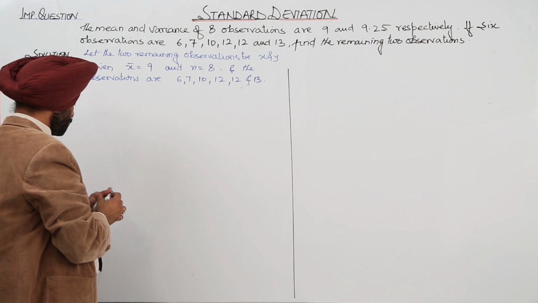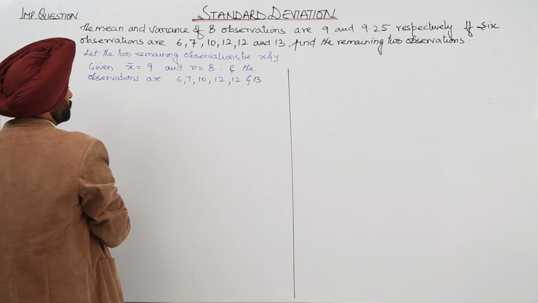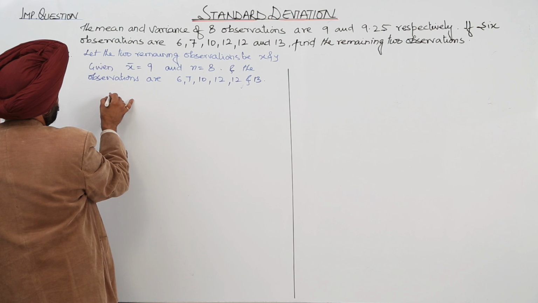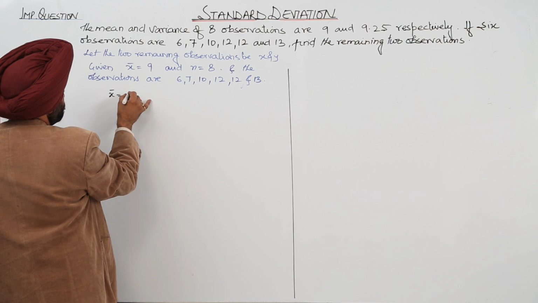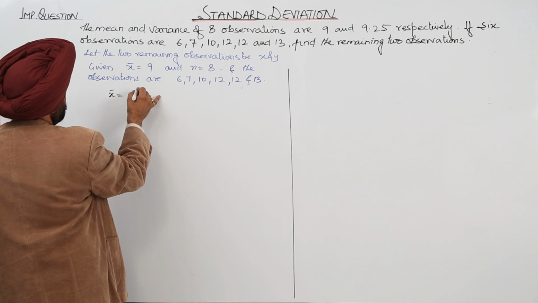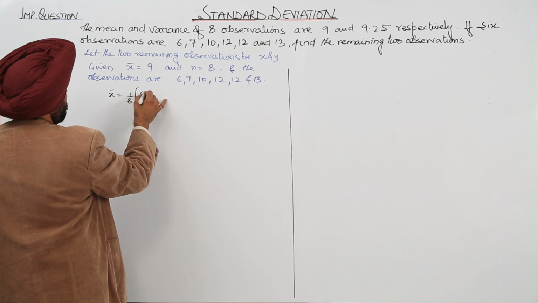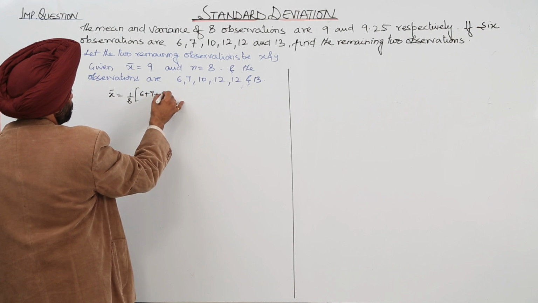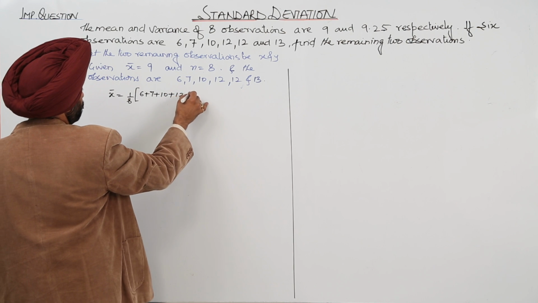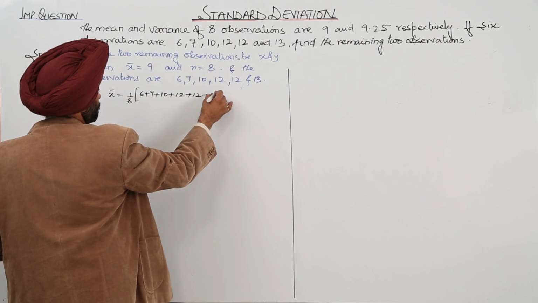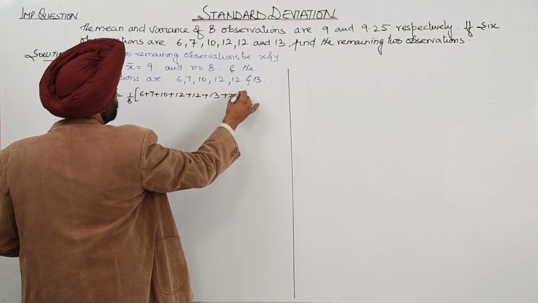These are the observations. Now x mean is equal to 1 by 8, 6 plus 7 plus 10 plus 12 plus 12 plus 13 plus x plus y.